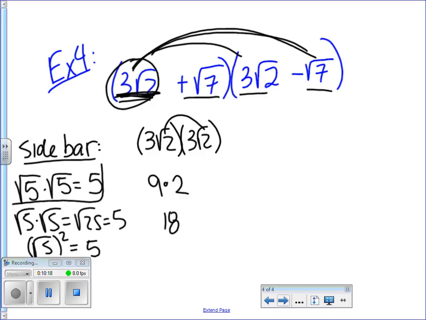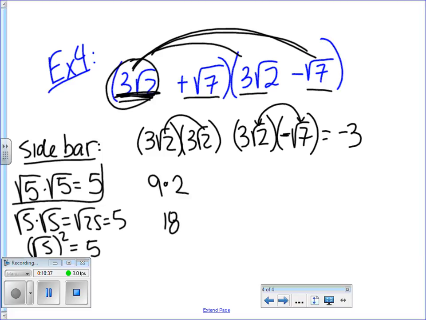So I'll write that over here. 3 radical 2 times negative radical 7. Okay, well, the 3 and the negative 1 out front will multiply together, and they'll give us negative 3. Then the radical 2 and the radical 7, those are different, but we can still multiply them together. They have the same root. So that gives us radical 14. Okay, so we have minus 3 radical 14.